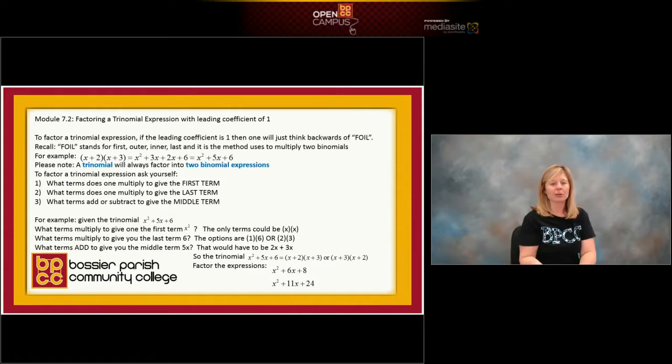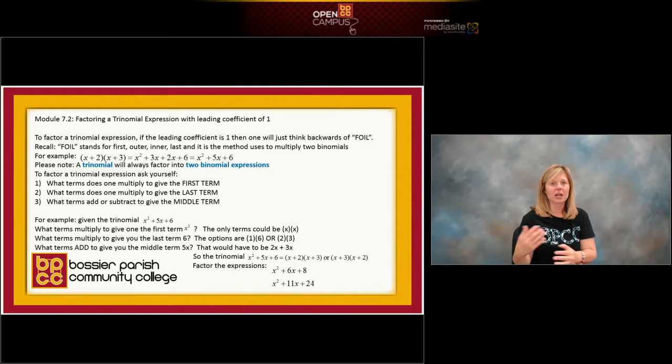Now you're going to say, why FOIL? Well, let's think back. Suppose I gave you the binomial x plus 2 times x plus 3. You all know a binomial times a binomial, we do the FOIL method. And we know FOIL stands for first, outer, inner, last. So let's look at this. If we're going to multiply x plus 2 times x plus 3, first would be x times x, which is x squared.